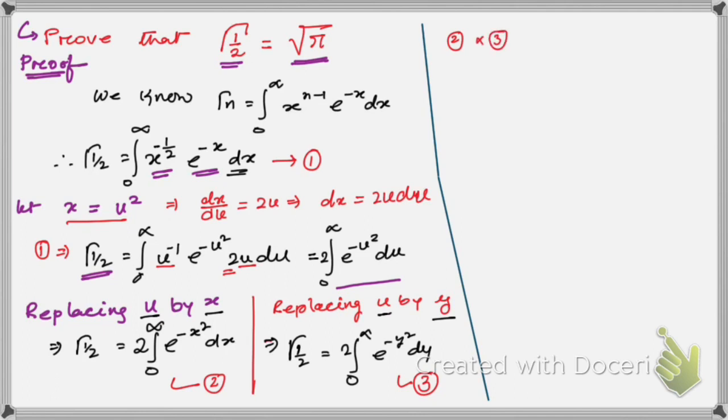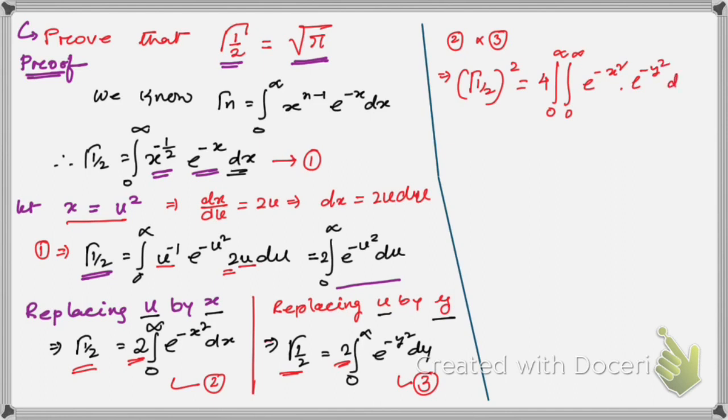Then what you will get on the left hand side is gamma half whole square, and on the right hand side you're going to have 2 times 2, which is 4, then integration 0 to infinity, again integration 0 to infinity, e to the power minus x square and e to the power minus y square dx dy.